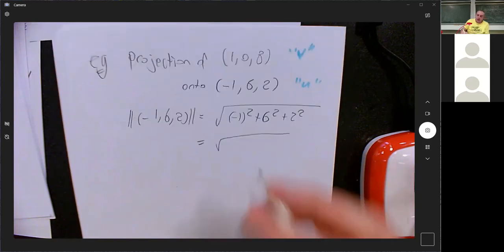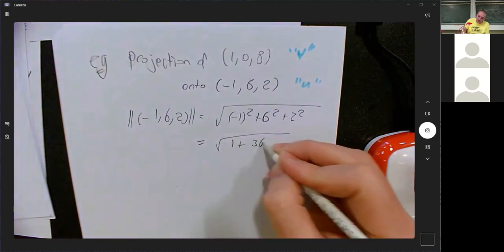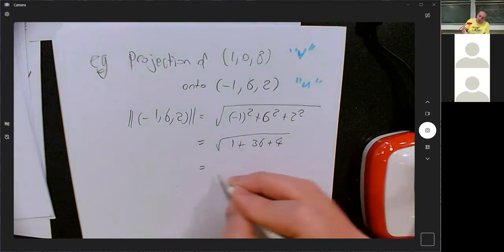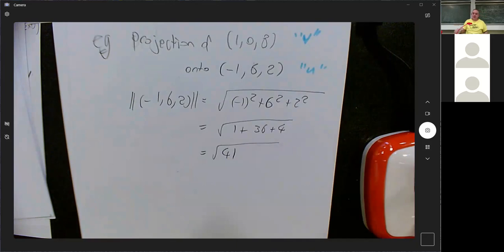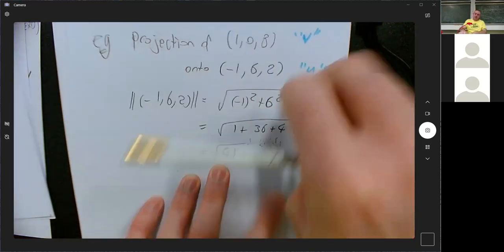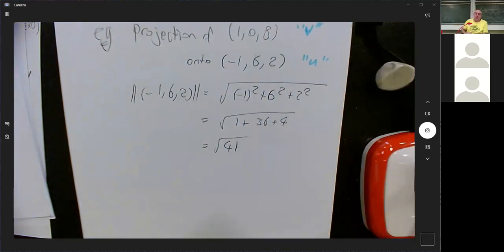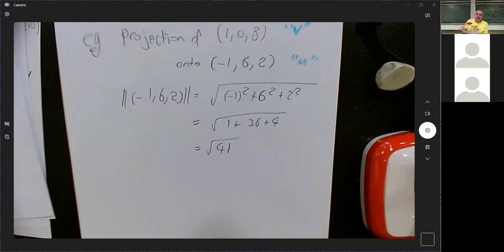Okay, so we've got 1 plus 36 plus 4, square root of 41. Cool. And we technically don't need to square root that. That would have been quicker, wouldn't it?